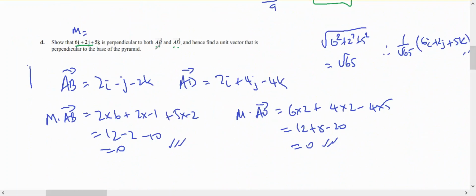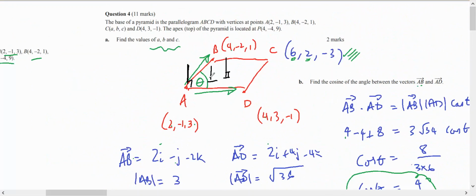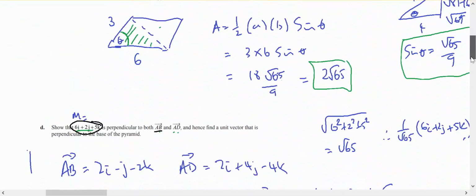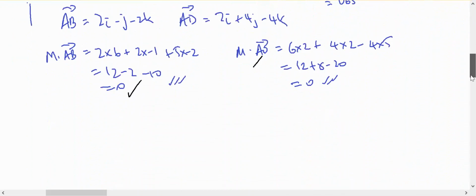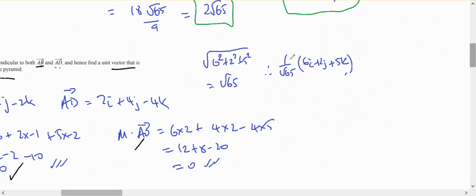So the way I would show it's perpendicular, I'm going to call this M. So M.AB is 0 and M.AD is 0. Therefore, it's perpendicular to both of them. Therefore, it's at right angles to the plane. And I had to find a unit vector. Hence, find a unit vector that is perpendicular to the base.